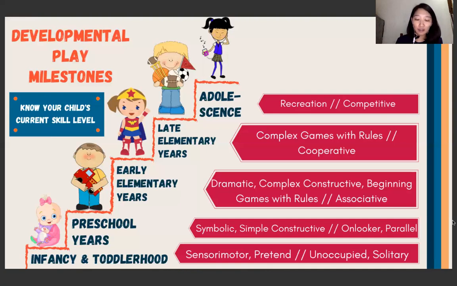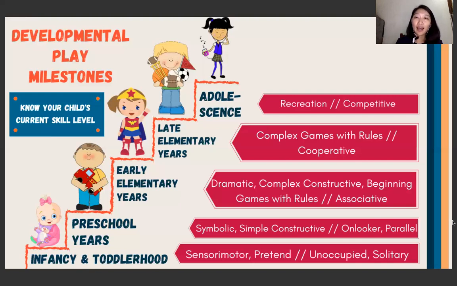Having said that, now that we know the milestones and components of play, it is a challenge for parents to be creative and innovative in providing play opportunities so that our children will be properly and effectively guided as they go through these stages.